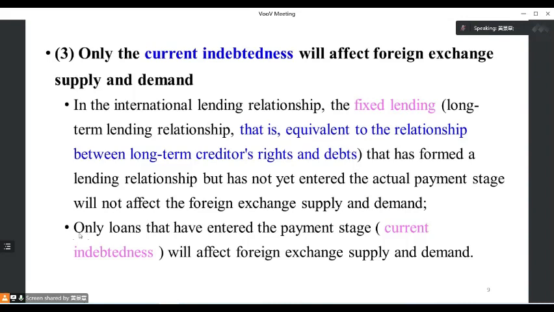So we should see the last paragraph. Only loans that have entered the payment stage, current indebtedness, will affect foreign exchange supply and demand. This sentence tells us that only loans that have entered the payment stage, which means current indebtedness, will affect foreign exchange supply and demand.